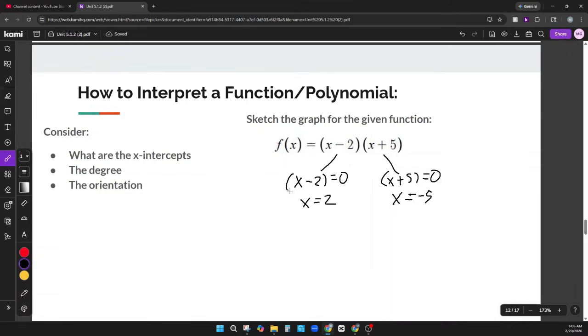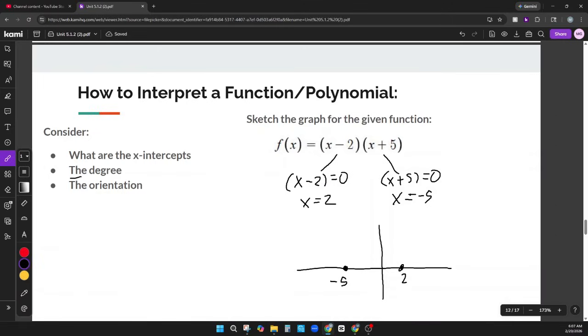So just by being given the function, I already know that my sketch is going to go through the points negative 5 and 2. If I set myself up like so, I already have the foundation of what my graph is going to look like.